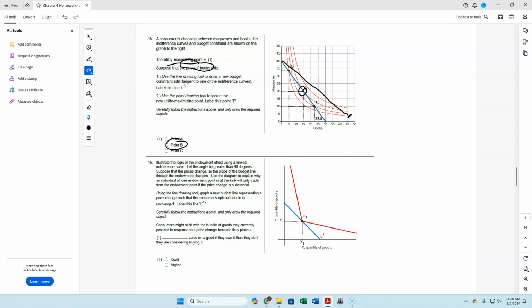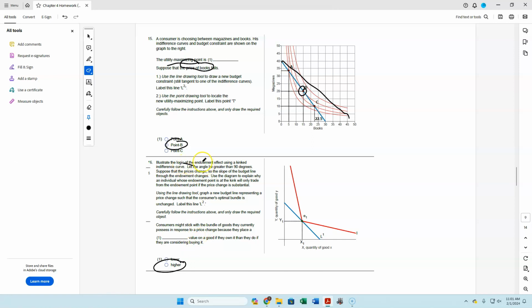Okay, I'm just going to keep going here. Number 16, looking at the endowment effect with a kinked indifference curve. And so what we would generally see here is that there'd be a higher value on the good if they own it than if they're considering buying it.